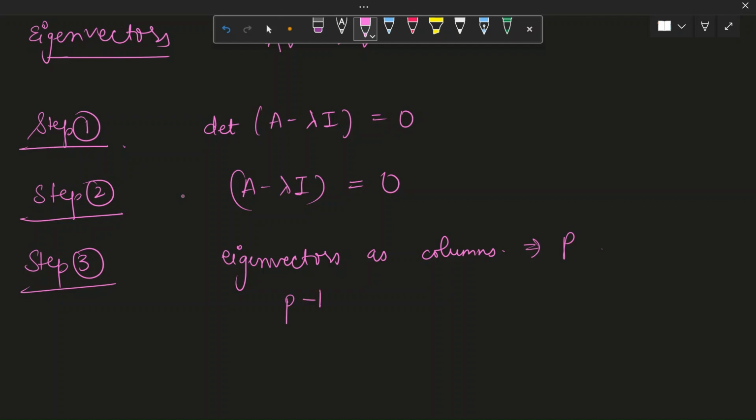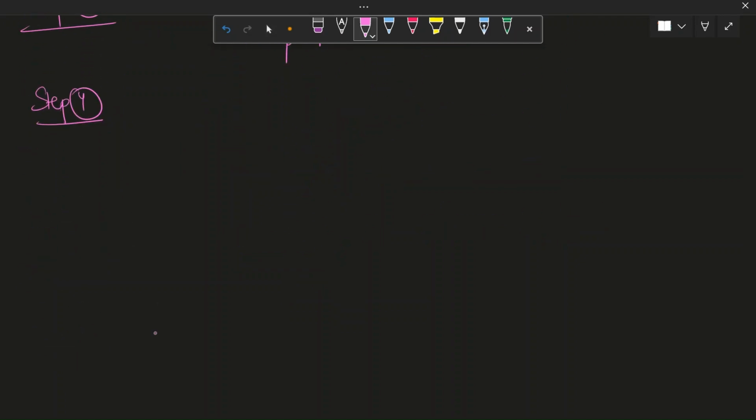Step number 4 is to calculate the diagonal matrix D. D is a diagonal matrix with eigenvalues on the diagonal. So what will our matrix D look like? D has lambda 1, lambda 2, lambda 3 on the diagonal, and the rest of the elements of this matrix will be 0. So this will be our diagonal matrix.